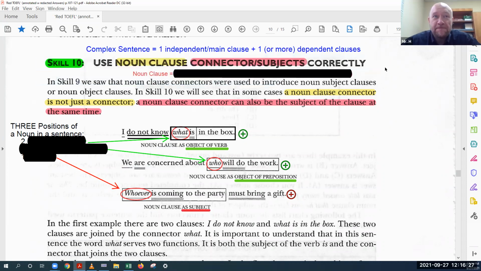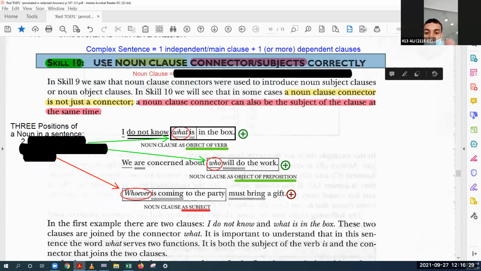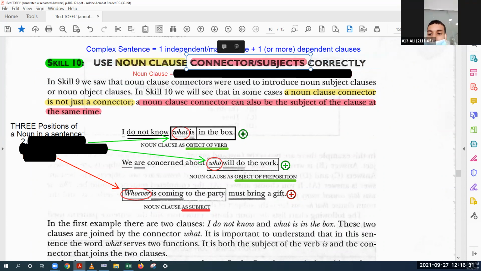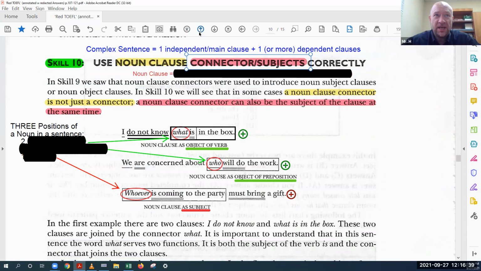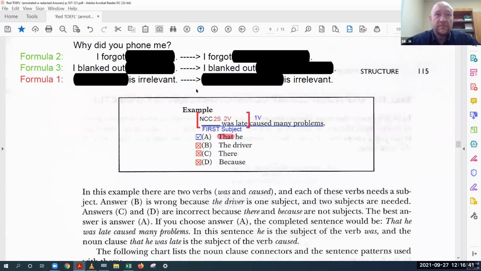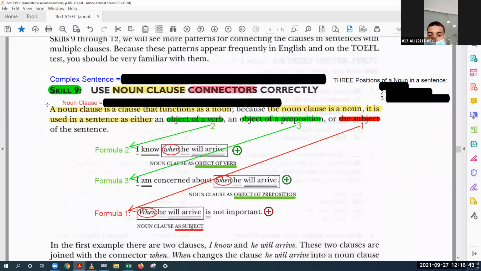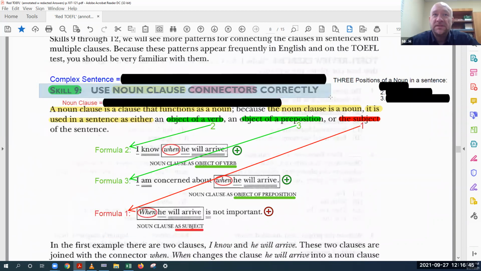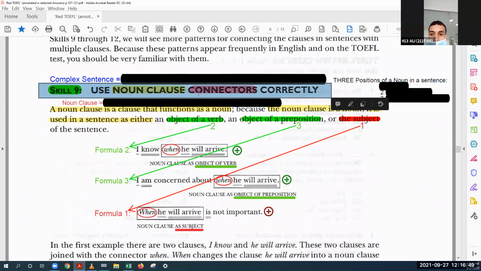Ali, what skill are we doing today? Use noun connector subject correctly. Wait, didn't we study this yesterday? Didn't we do the same thing yesterday? What does it say here? What's the difference? Look, read this, please.